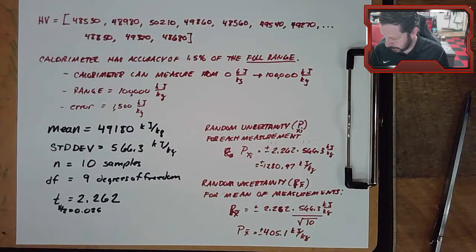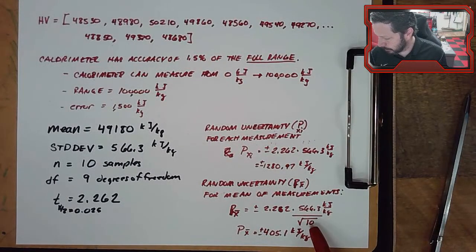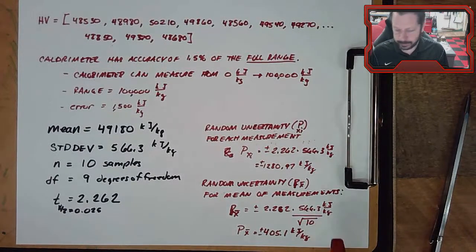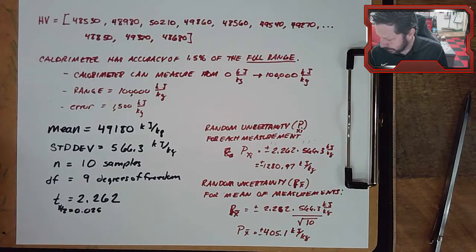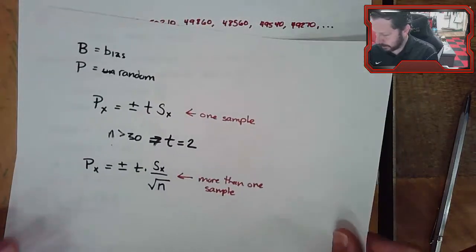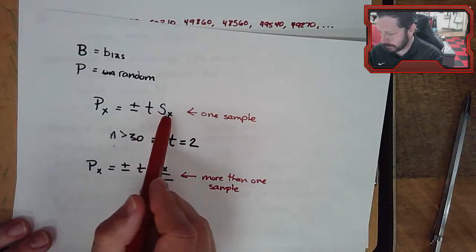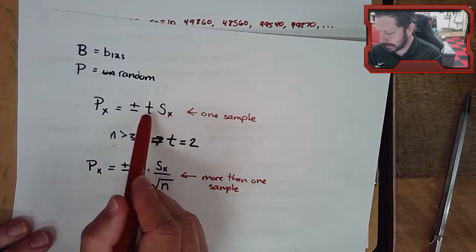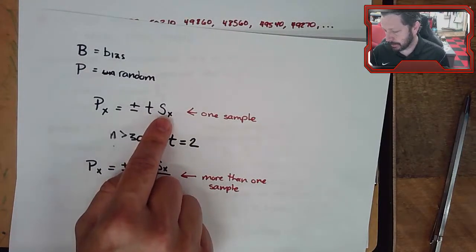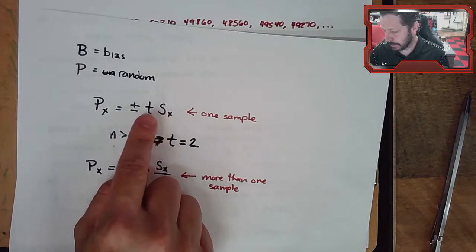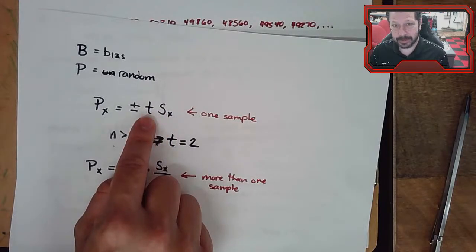It seems a little bit odd because you don't necessarily know to put square root of 10 in here, but the t and s have to come from the same set, right? So if s came from a large sample size, then t is for a large sample size also.